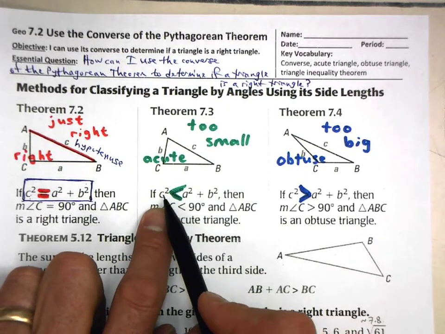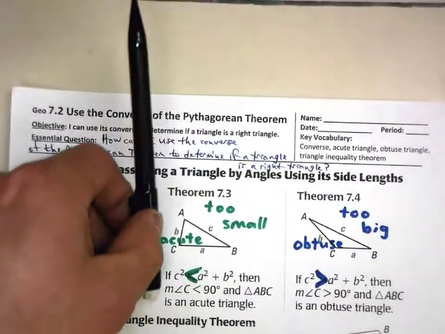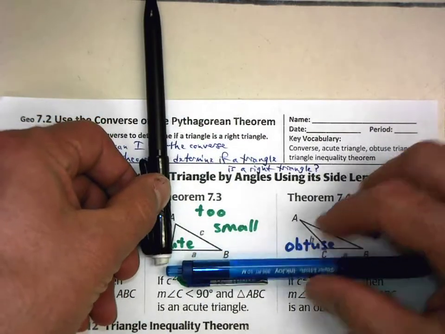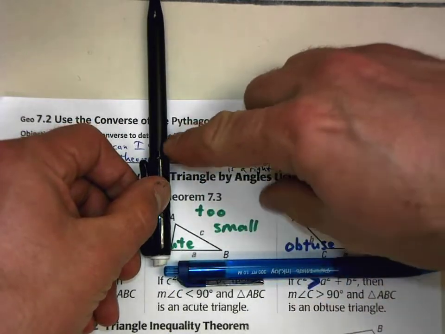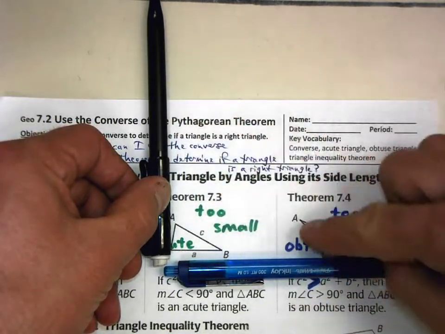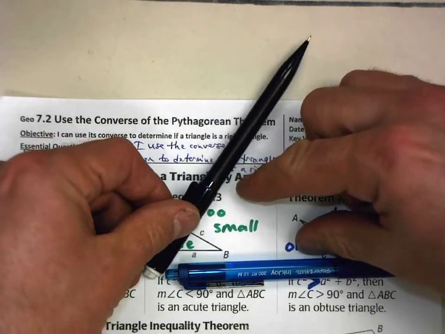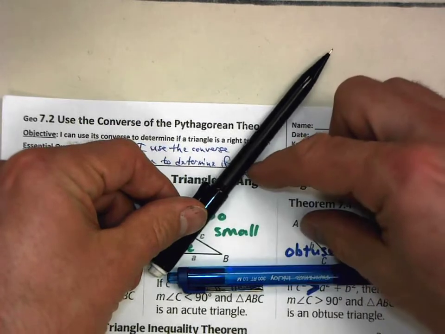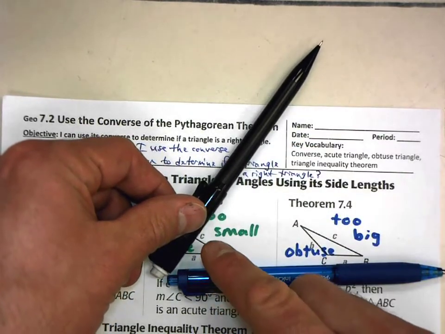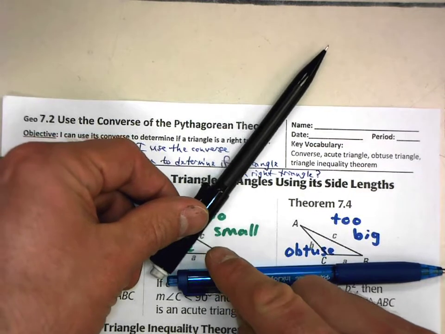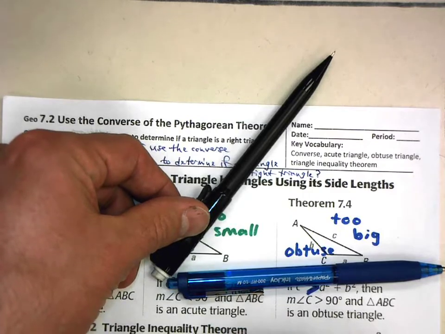So here is a triangle, and your angle here. If it was a right triangle, this hypotenuse would be the correct size. But when what should be the hypotenuse is too small, it makes what we were hoping to be a right angle smaller than a right angle, and that turns into an acute triangle.